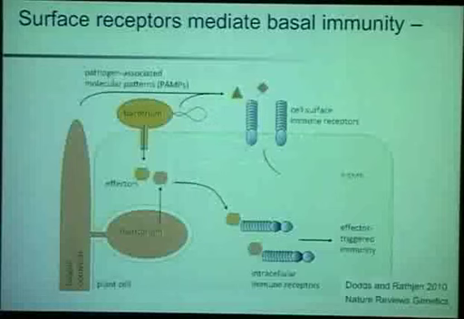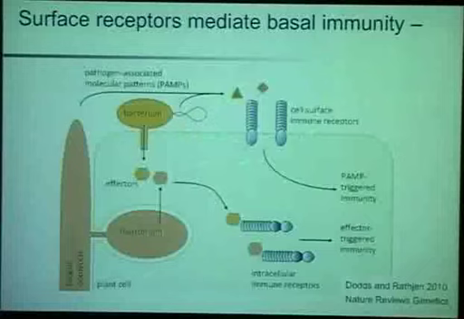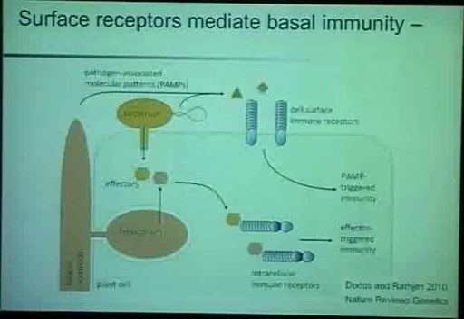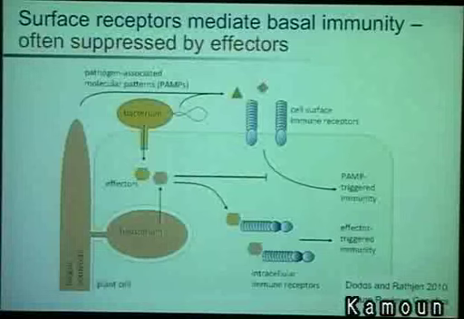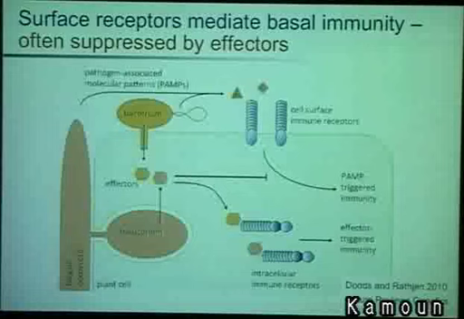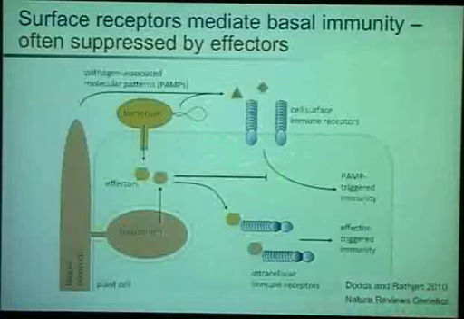And the perception of these molecules and their activation, as we heard yesterday from Gensheng, activates PAMP-triggered immunity, another form of immunity. What's also interesting here is that many effectors, in particular the bacterial effectors, have evolved to suppress PAMP-triggered immunity. So it's a very complex interplay with a lot of coevolution going on, with plants fighting back, evolving new receptors, and then the pathogen also evolving the ability to suppress these various pathways.